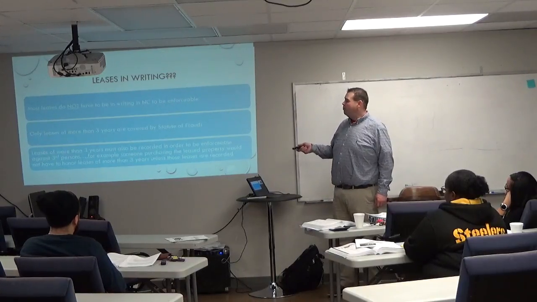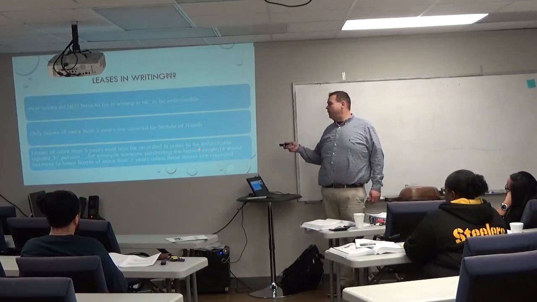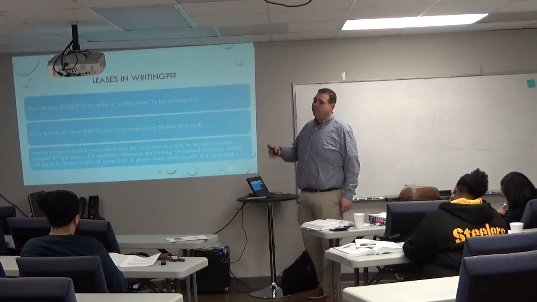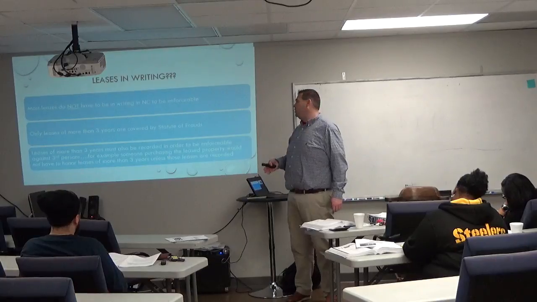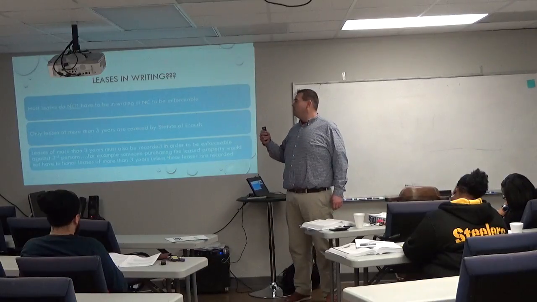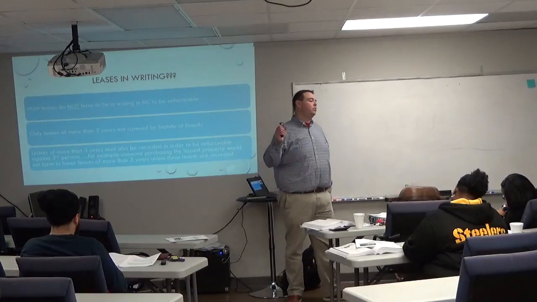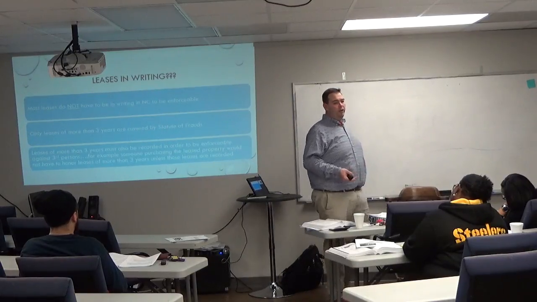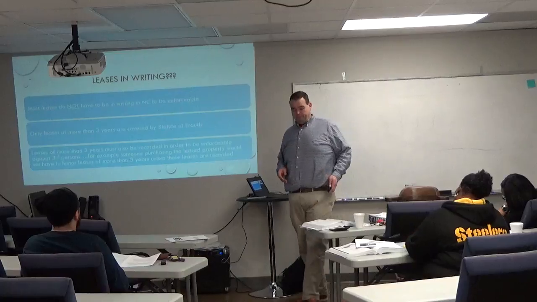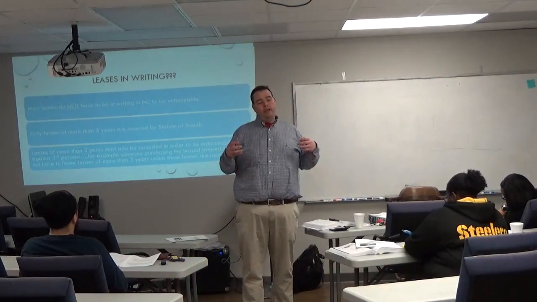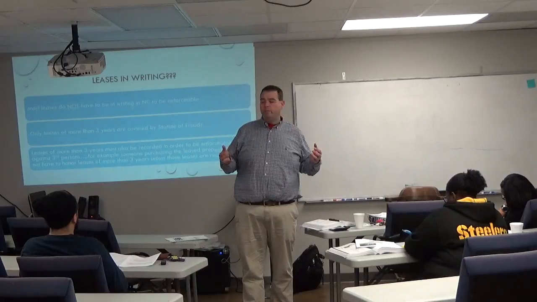Now, we talk about right here probably one of the most confused things in the whole class. It says leases of more than 3 years must also be recorded to be enforceable against third persons. So let me give you an example here. Let's say that we have a lease, all right?